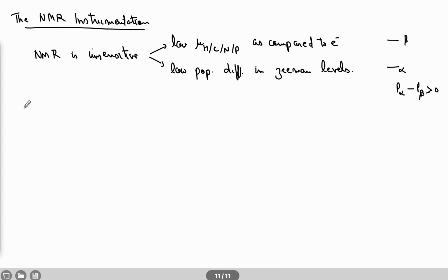Okay, so the first and the foremost thing is the magnet. So we all know by now that the magnet is required to create Zeeman splitting, right? This is the role of the magnet.